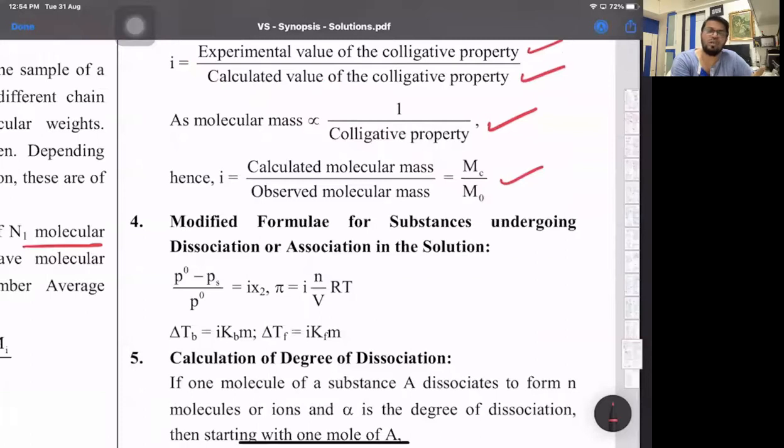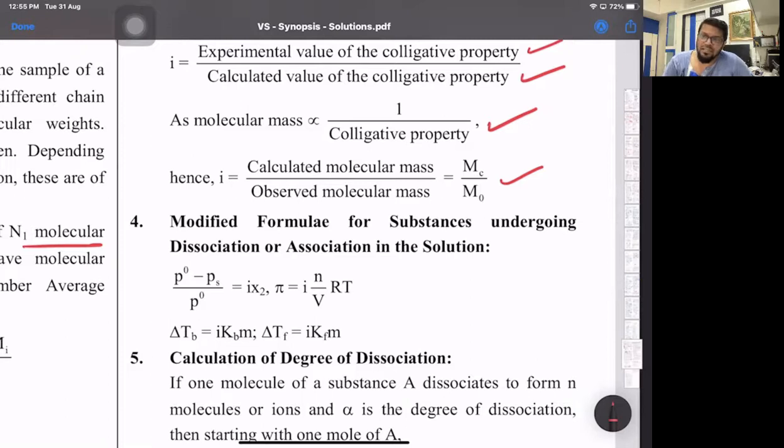So if the i factor is more than 1, the molar mass will be less than expected. Is this clear? Because the molar mass will get divided with respect to how many are getting dissociated completely. Same way, for association, the i factor will be less than 1 because the observed particles are less than the theoretical particles.